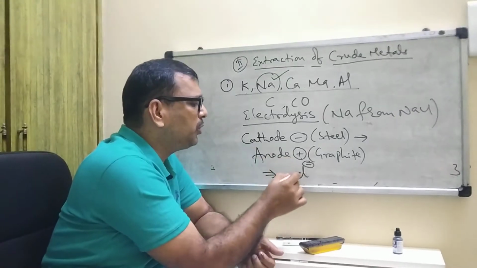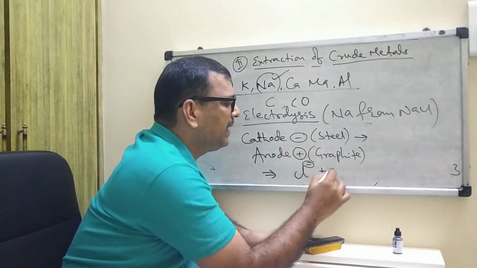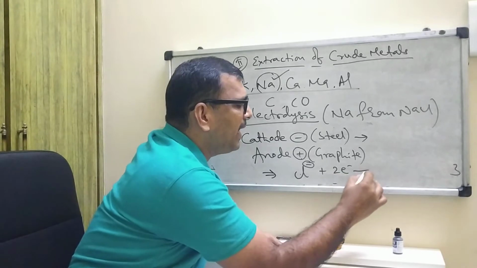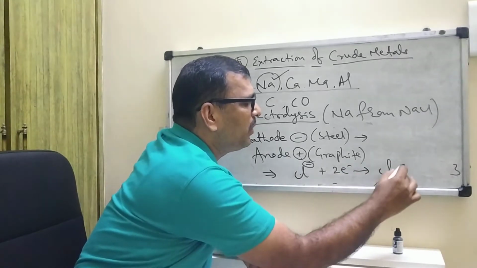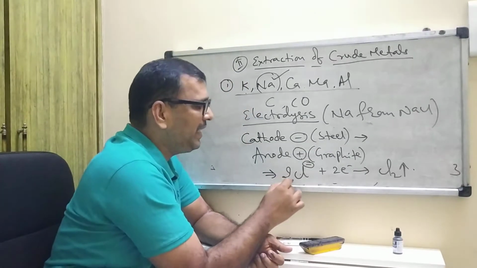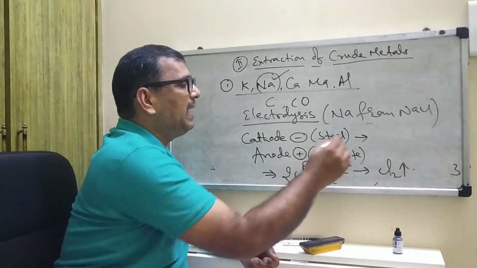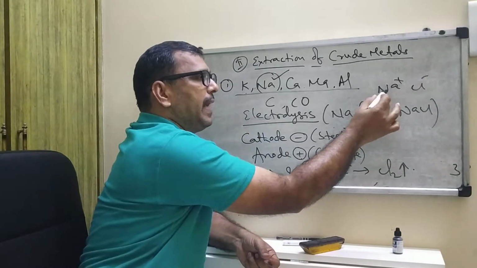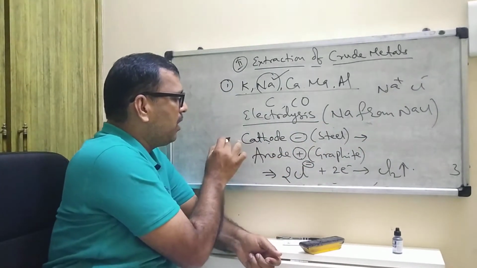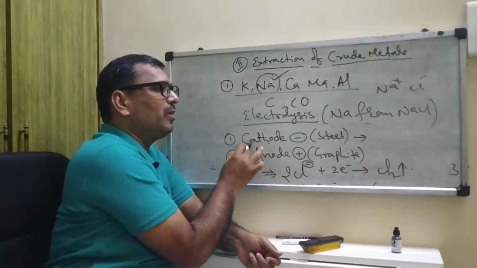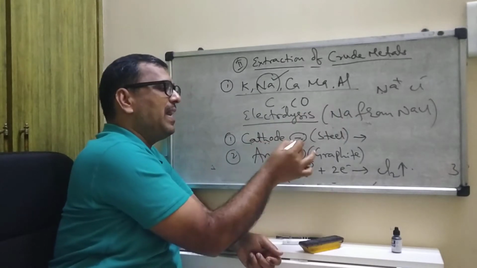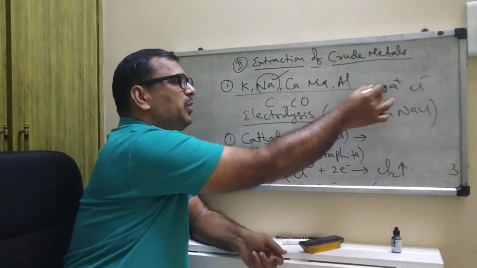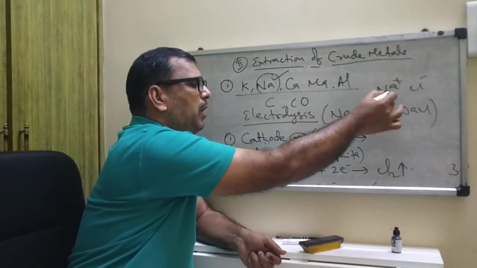Because it is positive, it attracts them. Each Cl minus loses electrons and is converted into Cl2 gas, 2Cl minus giving Cl2. Naturally, we have Na plus and Cl minus. The Na plus is attracted by the cathode. Why? Because it is negatively charged, and the negative charge attracts positive ions.